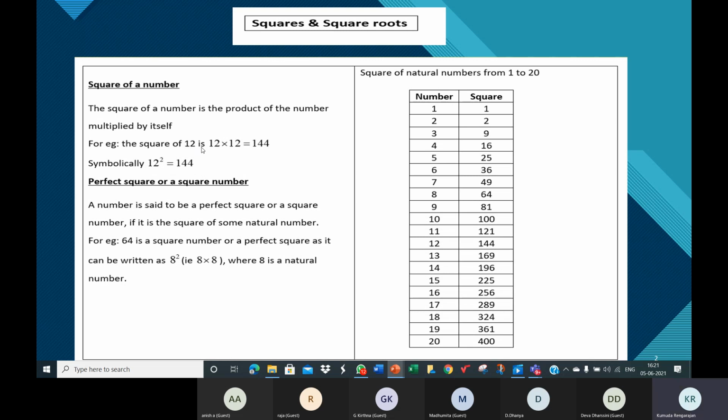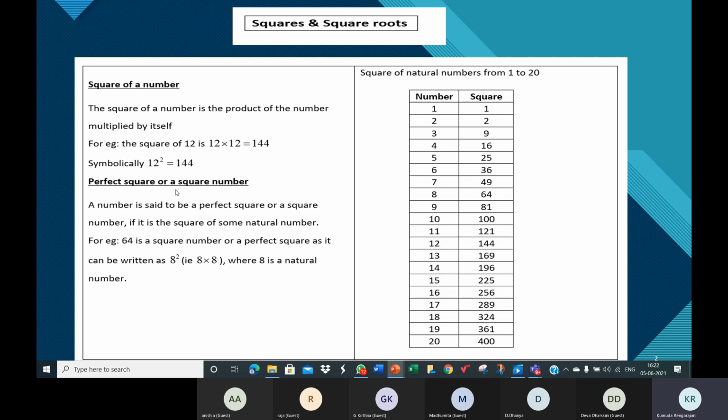The square of 12 is written as 12 raised to the power 2, which is read as 12 squared. The square of 12 is nothing but 12 raised to the power 2. The square of 12 is 144.